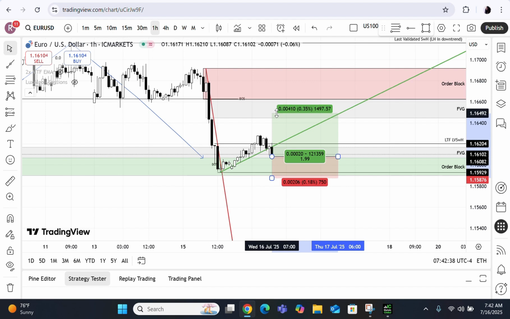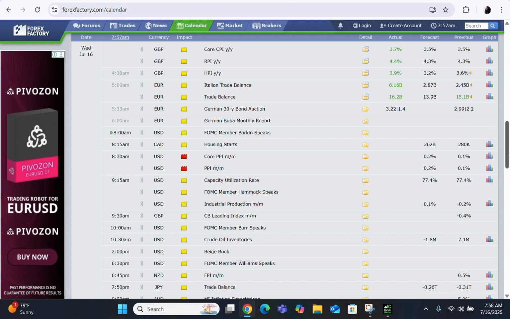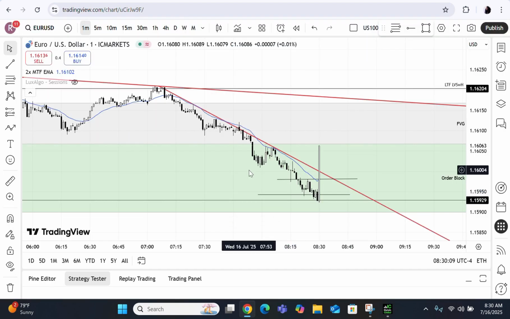So in order for me to get into that trade, the downward trend on the lower time frame has to break. There was news at 8:30, core PPI. So I had to wait for that news event to take place before I even thought about entering a trade.